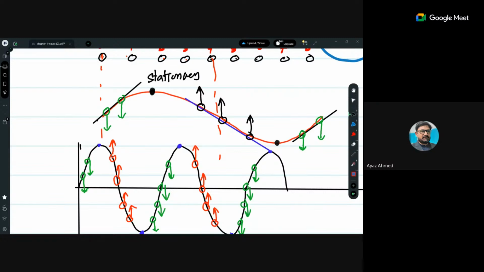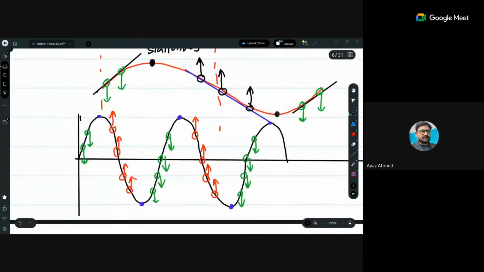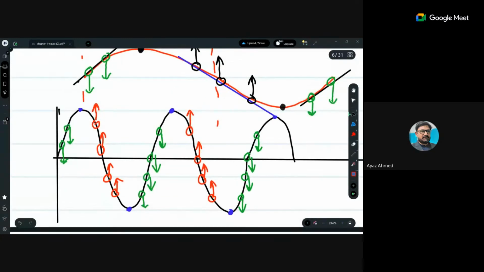So I have shown all this here with a color scheme: all the particles which are represented by green are on the part with up slope, or positive slope, and they have a downward motion vector.